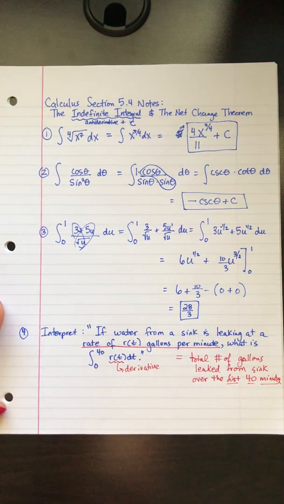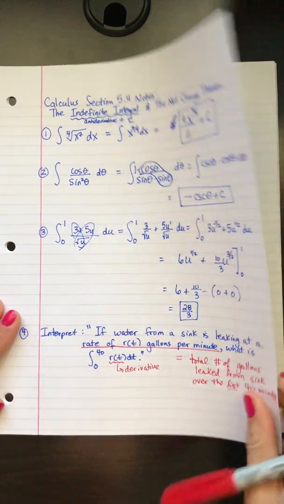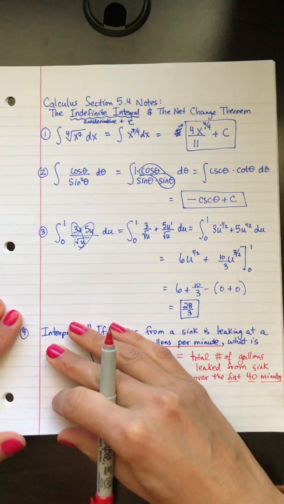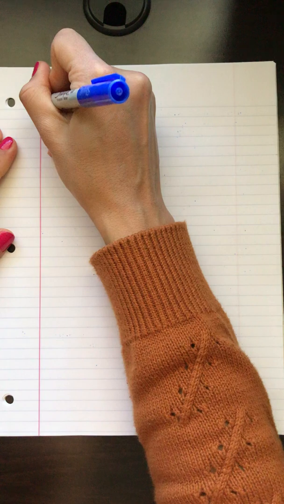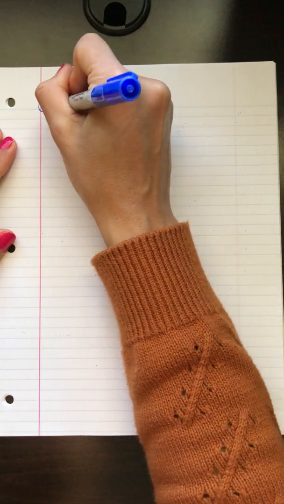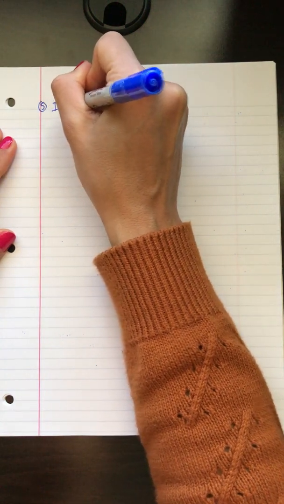Okay, how about, let me do another one. Let me do it on your sheet of paper. How about this one? Interpret again. So number 5. Interpret.